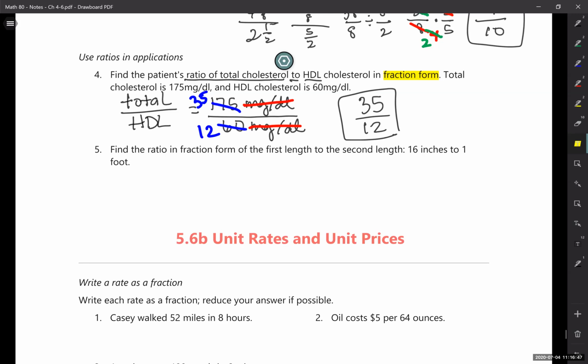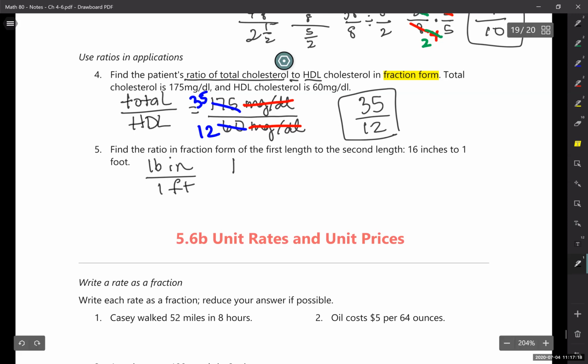Now, units are important to pay attention to, and you'll notice that on number 4. This is find the ratio in fraction form of the first length to the second length. So the first length is 16 inches, and the second length is 1 foot. But we cannot cancel out those units, so this is not going to be our answer. What I need to do instead is make them the same units.